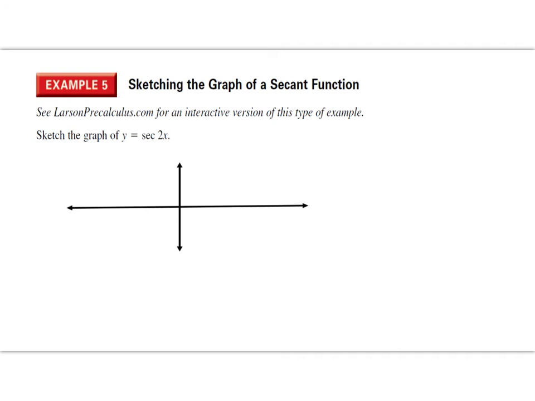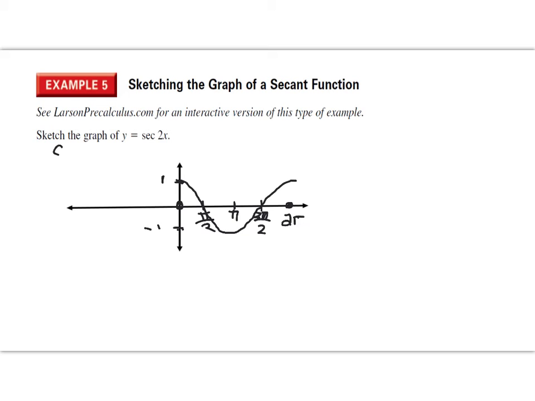All right, moving along, let's take a look at the secant. With the secant, we're talking about cosine. So let's graph the cosine first. This is 2 pi, pi over 2, 3 pi over 2. So the cosine, remember, starts at 1 and goes down, up, and down.